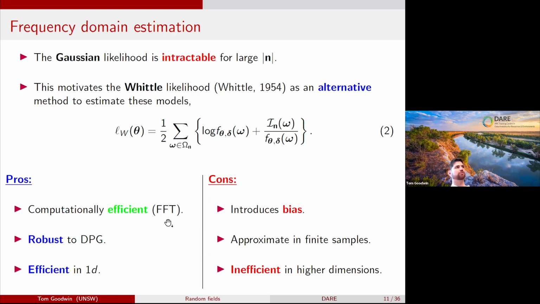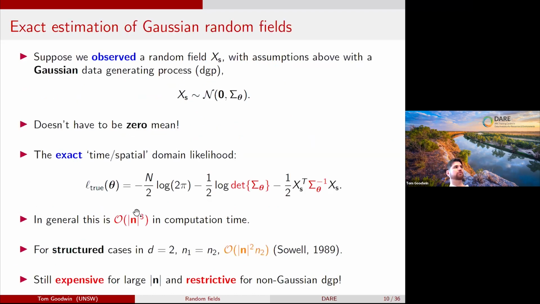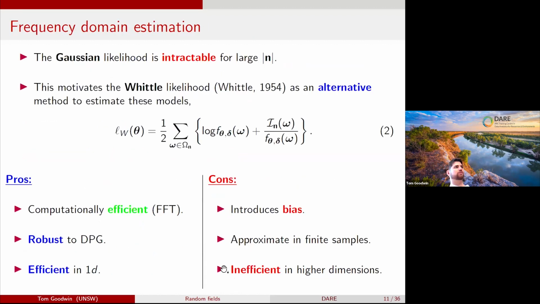It's n log n, so quasi-linear in the number of data points. You compare that to n squared times n, or n cubed. This is very, very nice. It's also robust to the data generating process. We won't talk about this too much today, but essentially the Whittle likelihood doesn't specify a model for the time domain. It specifies a model for its frequency domain counterpart.